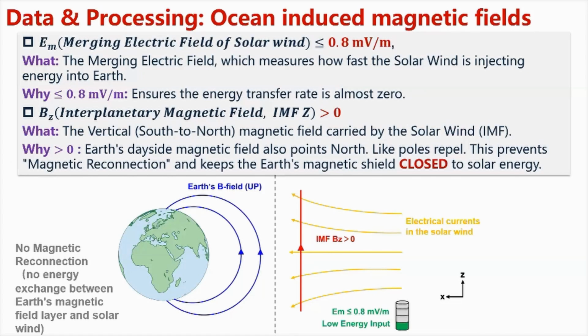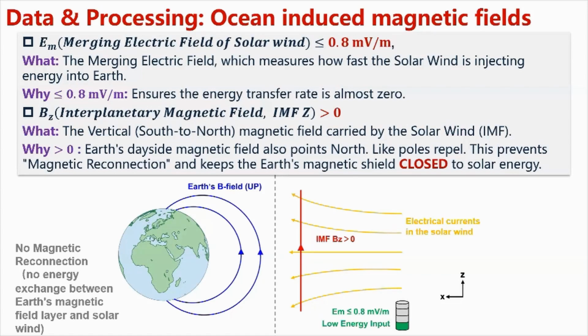It means the exchange of energy between the magnetosphere environment and the solar wind is minimal. We also use the Bz component carried by the solar wind, and make sure it is positive, directing from south to north.